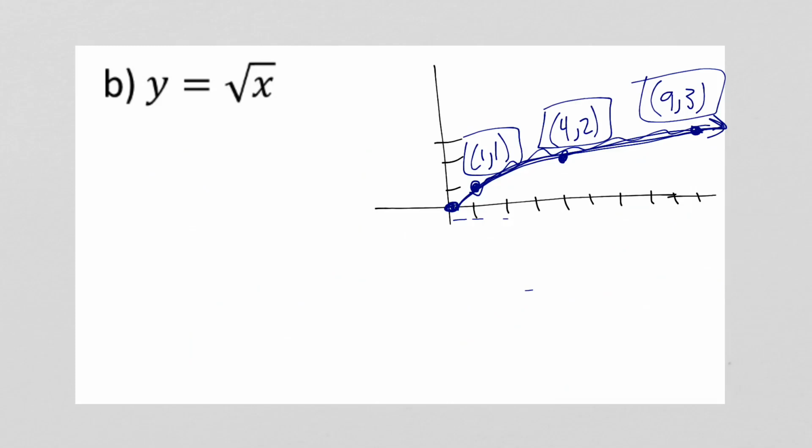X and y are being switched. And so we do not have any negative values here because we cannot take the square root of a negative number and get a real number. So we get this kind of limited graph right here.